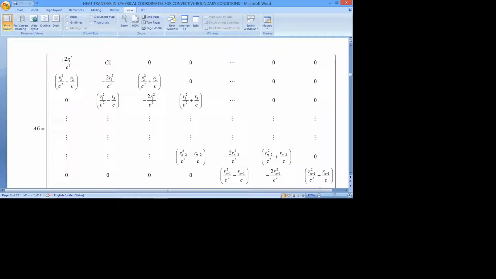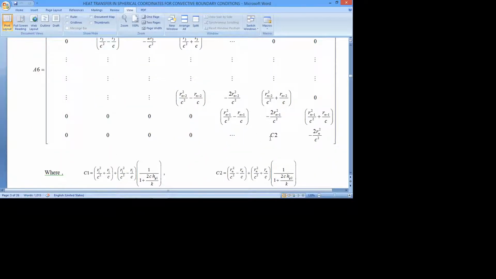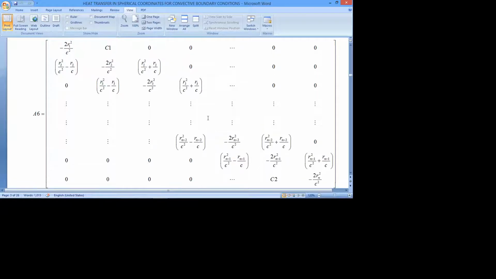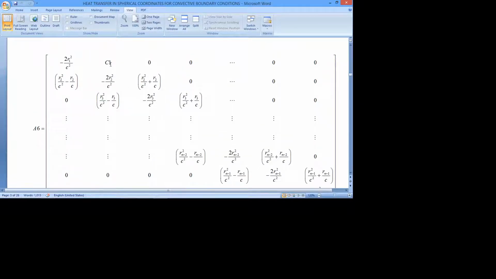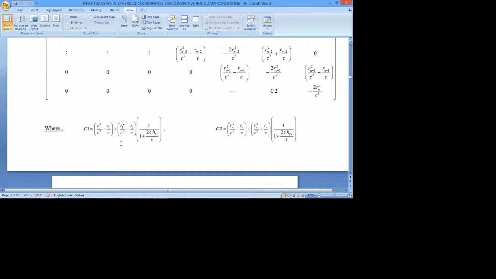Here you have 2 terms in the first row, 3 terms in the second row, again 3 terms, and so on till the last row, which will have only 2 elements. This is again the same matrix as we got for temperature boundary conditions. The only difference is that there one unknown came here, C1, and one here, C2. C1 is given by this particular expression coming from the convective boundary condition at the inner surface.